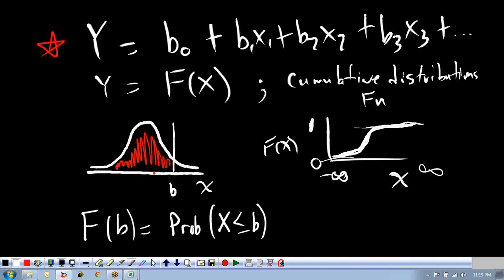And if I drew b over, if I had a different letter, say a, the cumulative distribution would be less. If I drew it in the middle, and I called that mu, you'd see f of mu for this case would be 1/2, right? Because that would represent half. Okay, so that's just what it is.